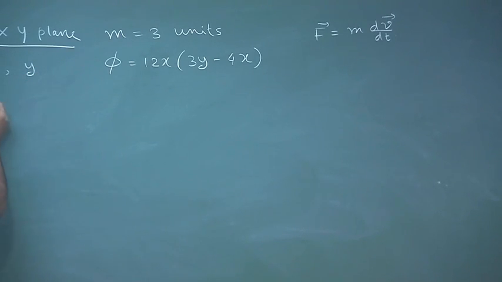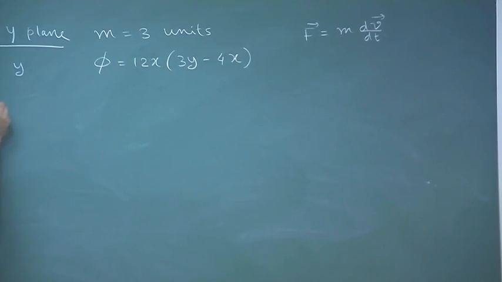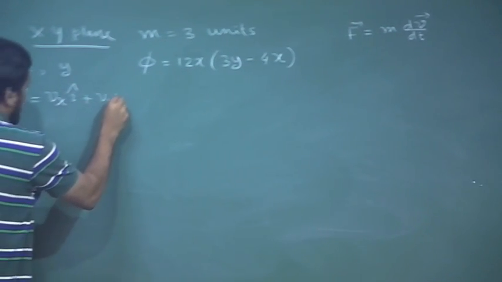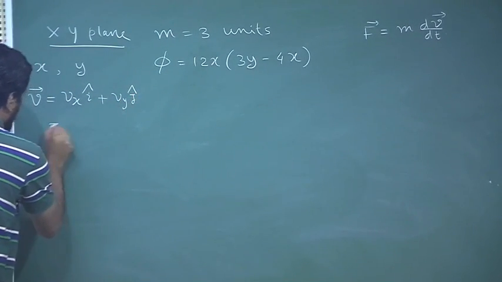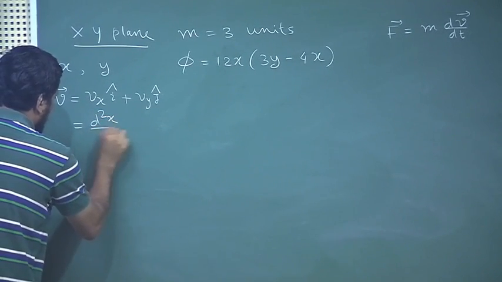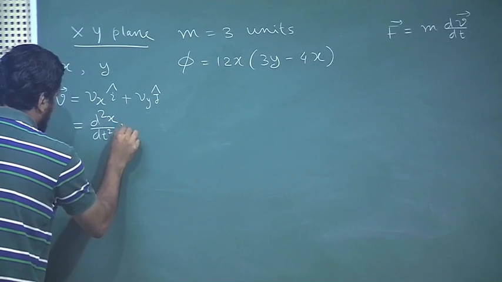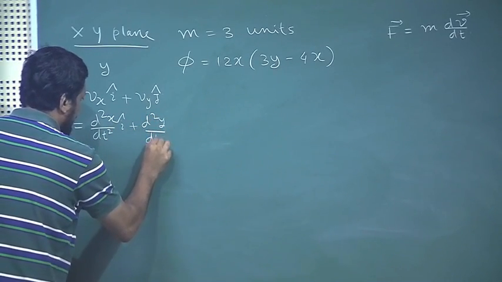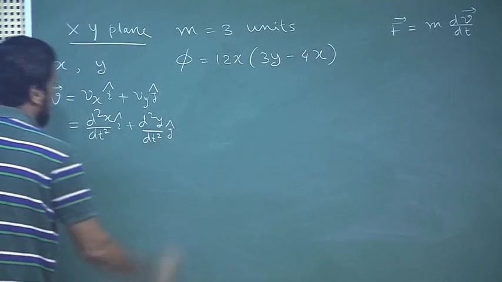So we can decompose the velocity v as vx i cap and vy j cap, which is nothing but dx/dt i cap plus dy/dt j cap.